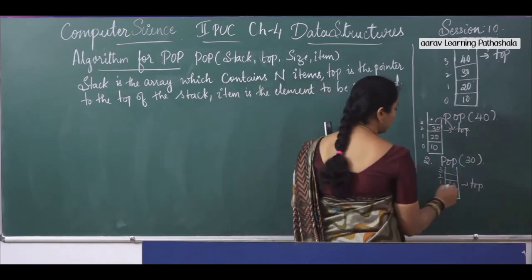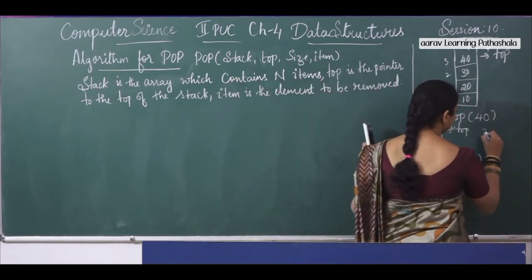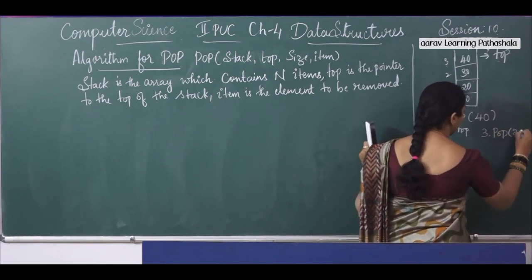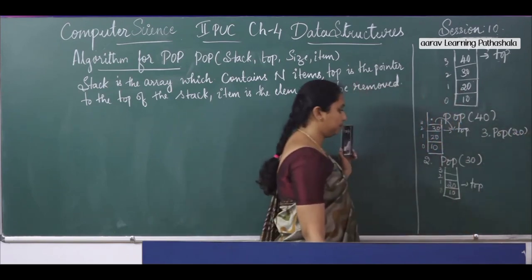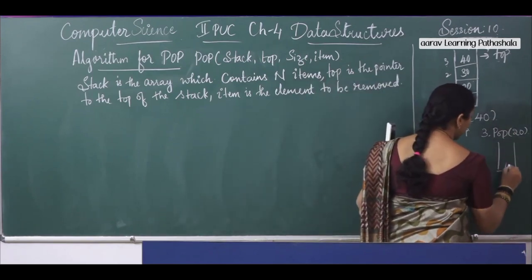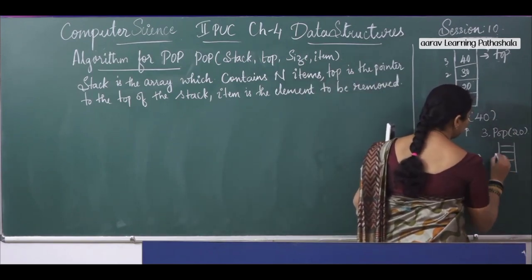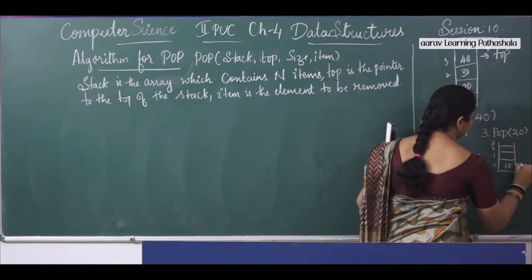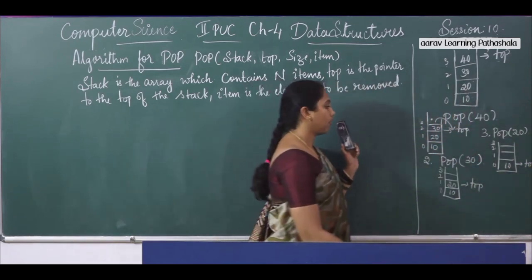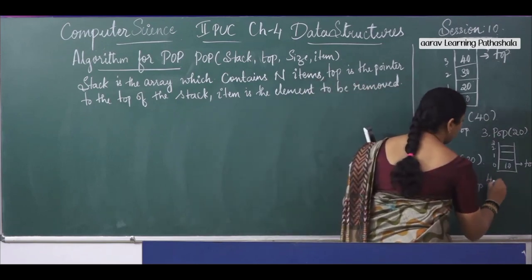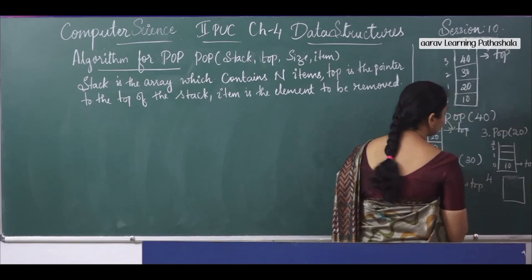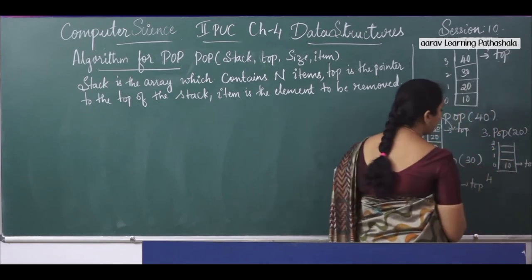So again we are removing an item called 20 from the stack. Now the stack contains only an item 10. The top of the stack is now 0. Now I am removing an item called 10.